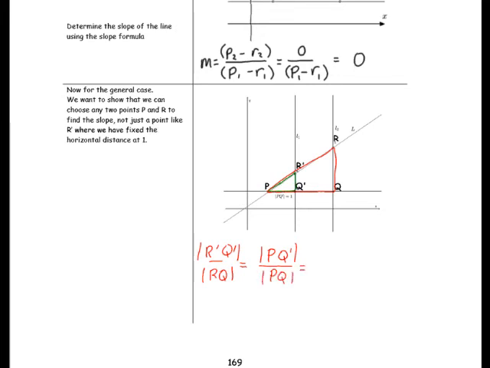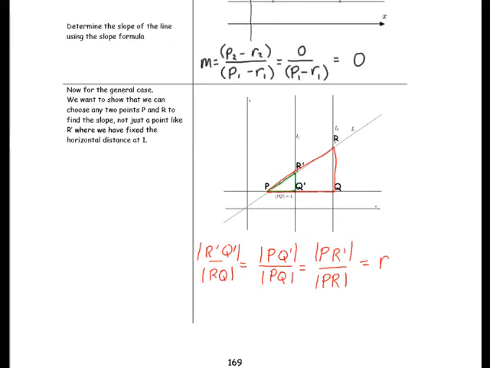And that also will have the same scale factor or rate of change as PR prime over PR. Hopefully you remember that from the last module. This is r, the scale factor or the rate of change.